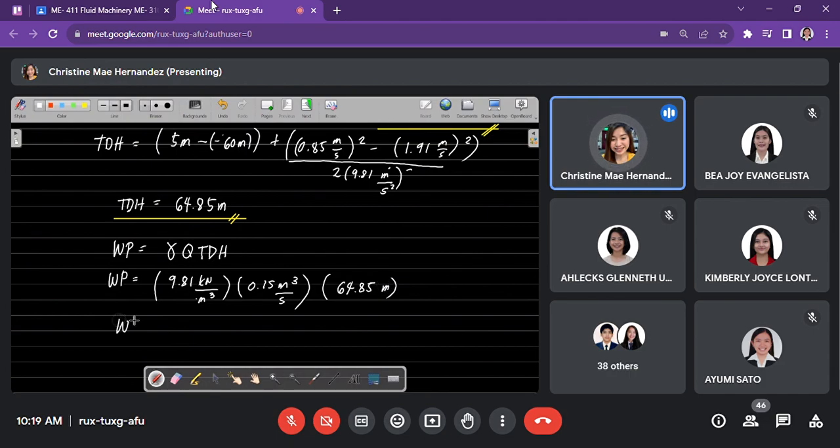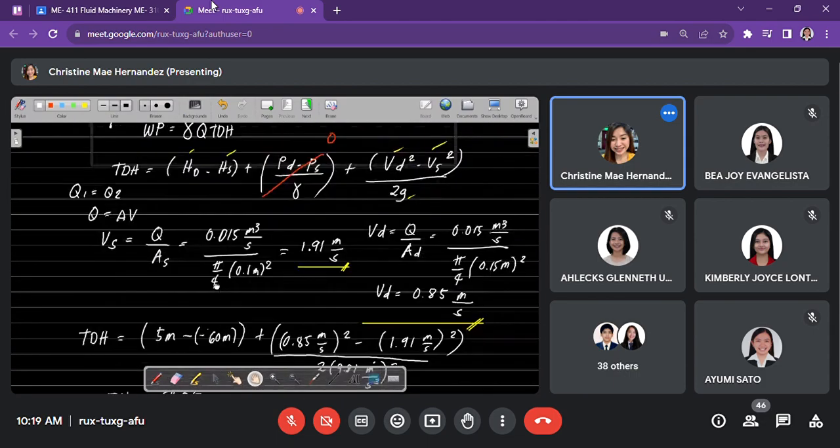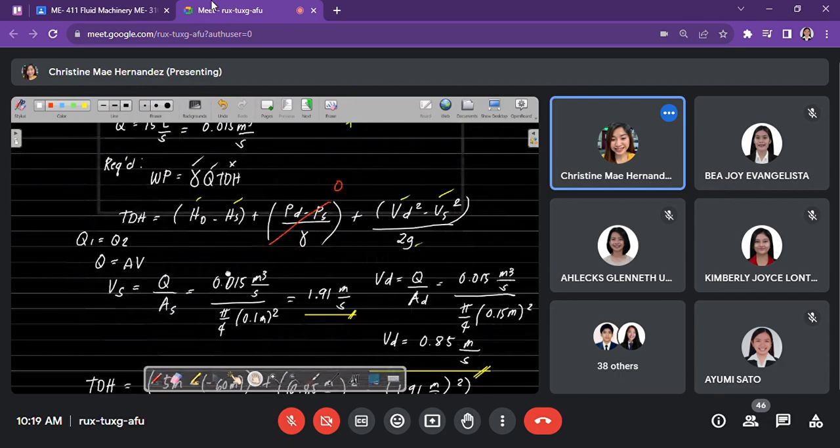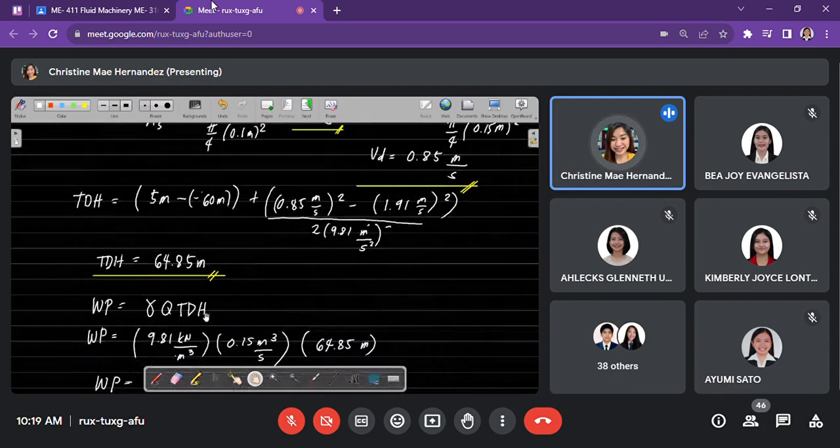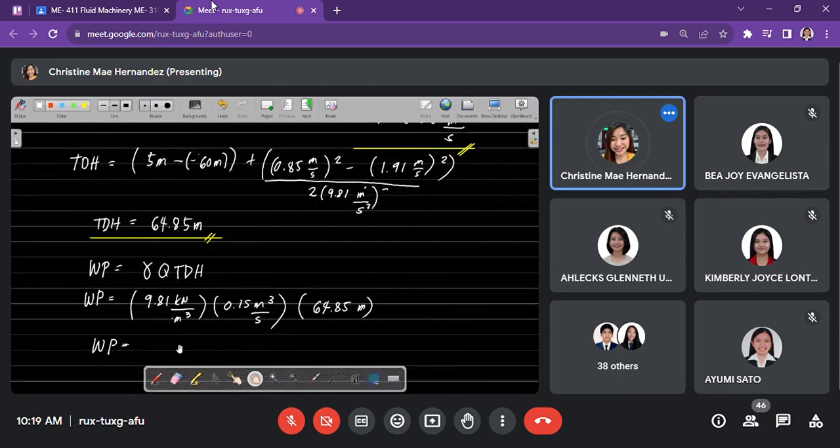Itong ating water power ay equal sa 0.015.